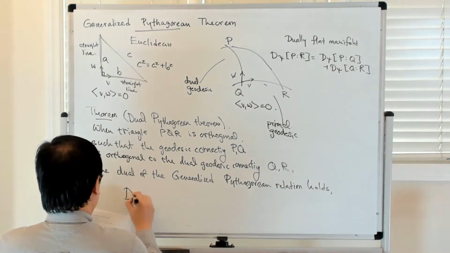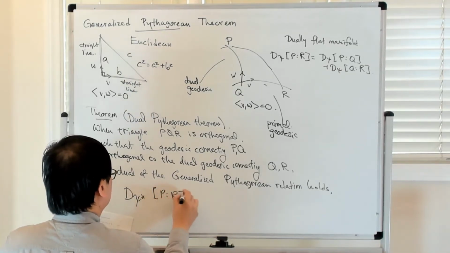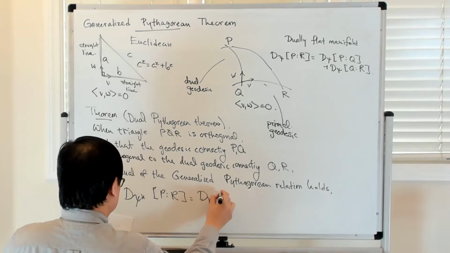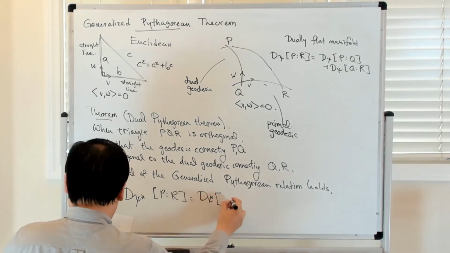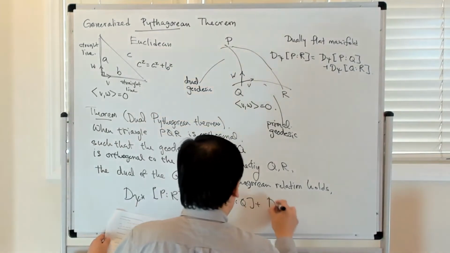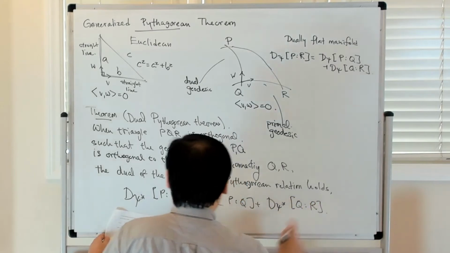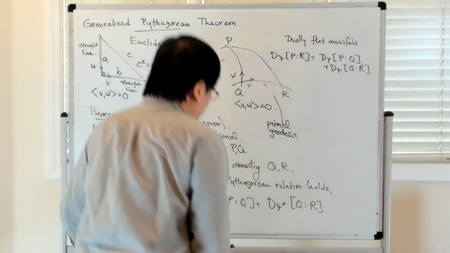Which is that the dual divergence from P to R is equal to the dual divergence of P to Q plus the dual divergence of Q to R. All right, so what's the difference?